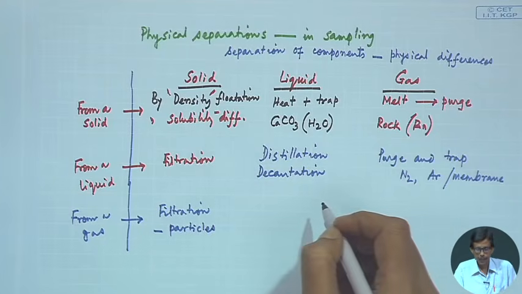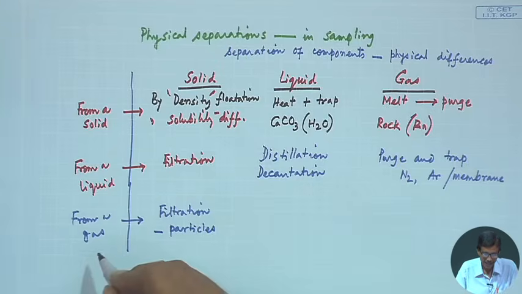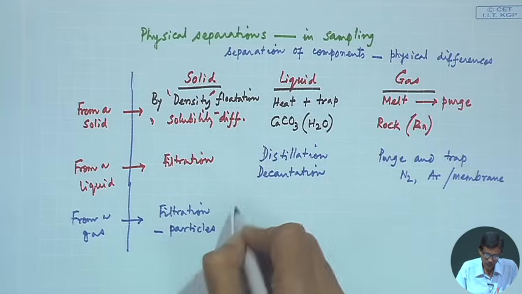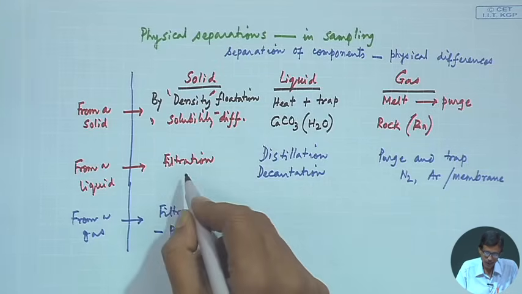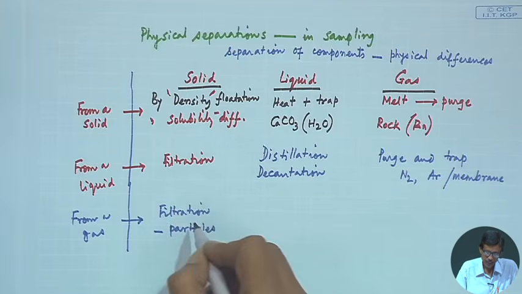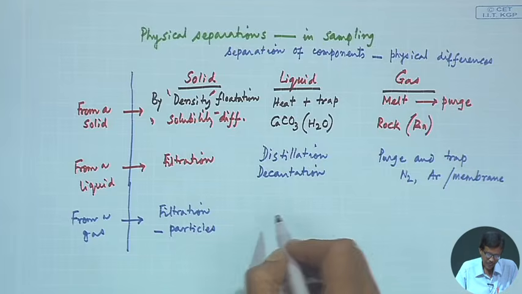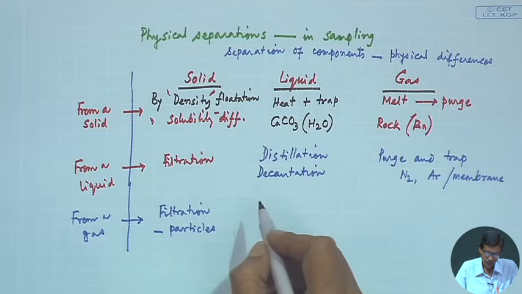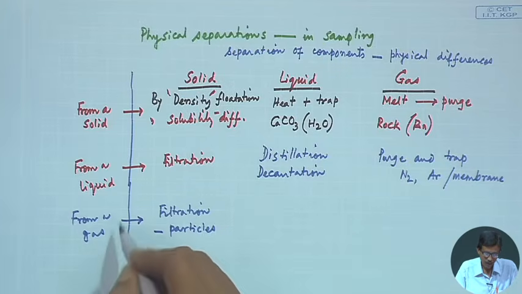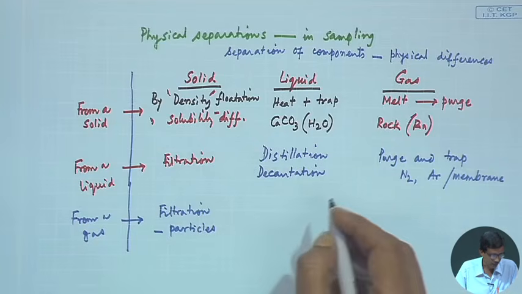So, suspended particles can be filtered out from the gas. Like that of our filter paper what we are using for separation of liquid, for the gas a different type of filtration mechanism we can use, such that gas can be used as the corresponding medium, from where the solid can be separated out.